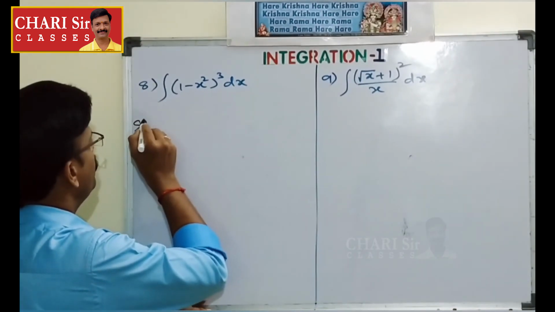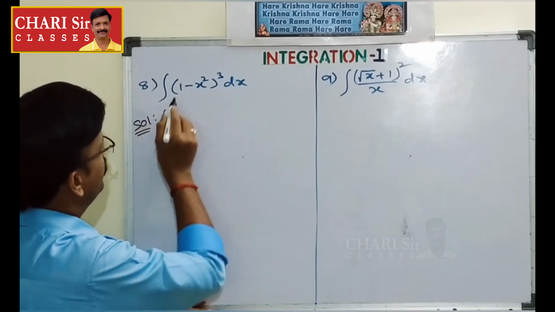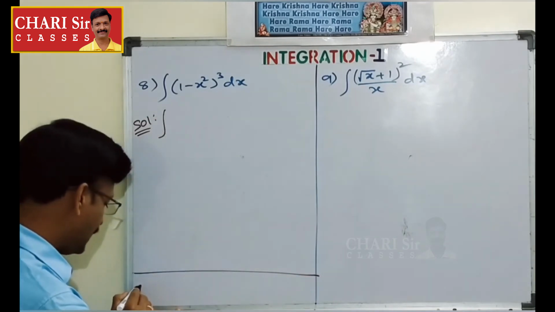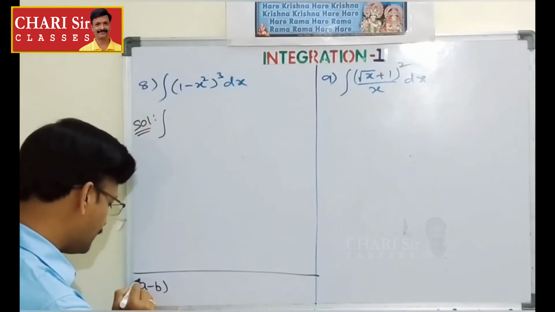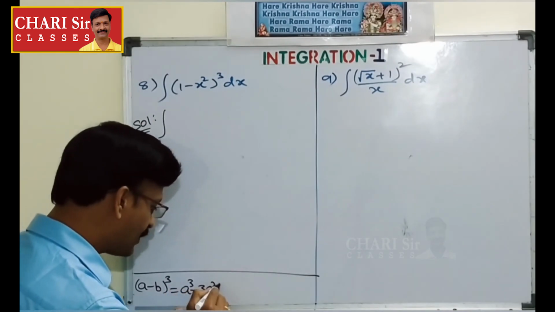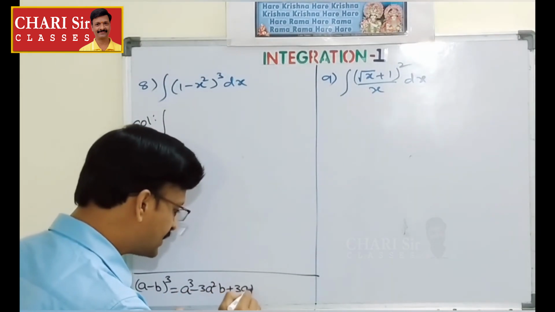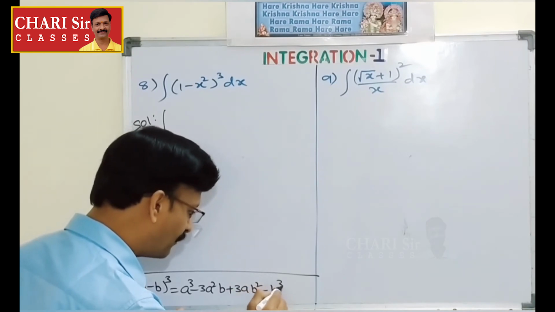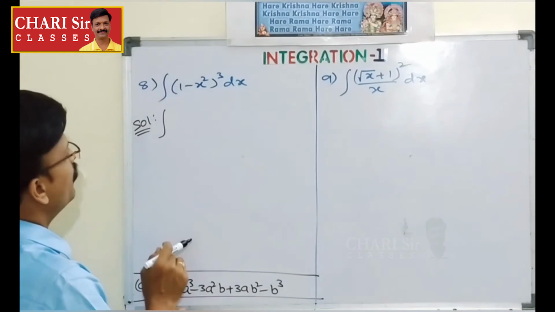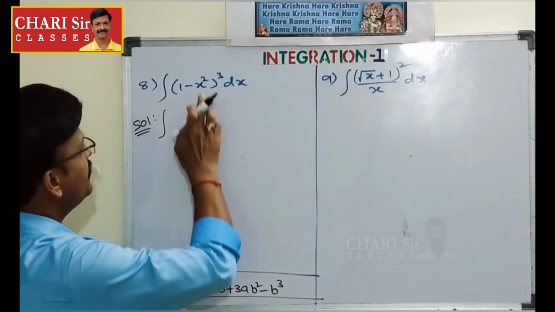So in the solution we can write integration of a minus b whole cube. I will write the formula here. What is a minus b whole cube? Suppose a minus b whole cube is given, that is a cube minus 3a square b plus 3ab square minus b cube. This is the expansion of a minus b whole cube. So a means 1 and b means here x square.